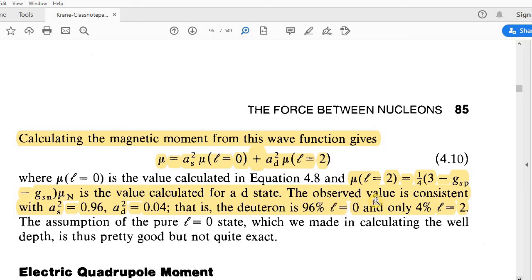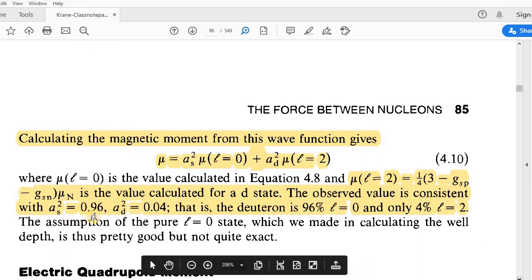The observed value is consistent with AS square equal to 0.96, AD square equal to 0.04. That is, the neutron is 96% L equal to 0, and only 4% is L equal to 2.